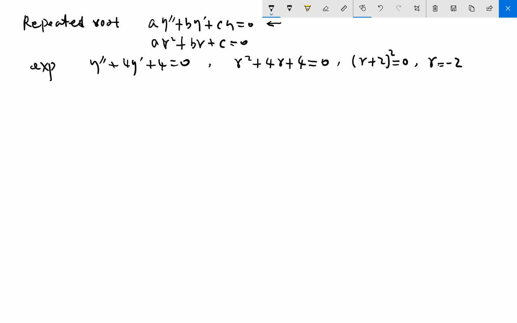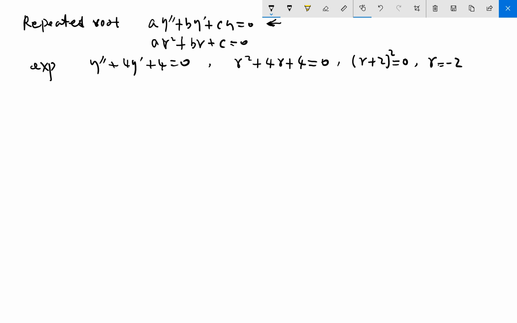Remember, in order to find all the solutions for this equation, we need to find a fundamental set of solutions. In other words, we need two solutions whose Wronskian determinant is non-zero.